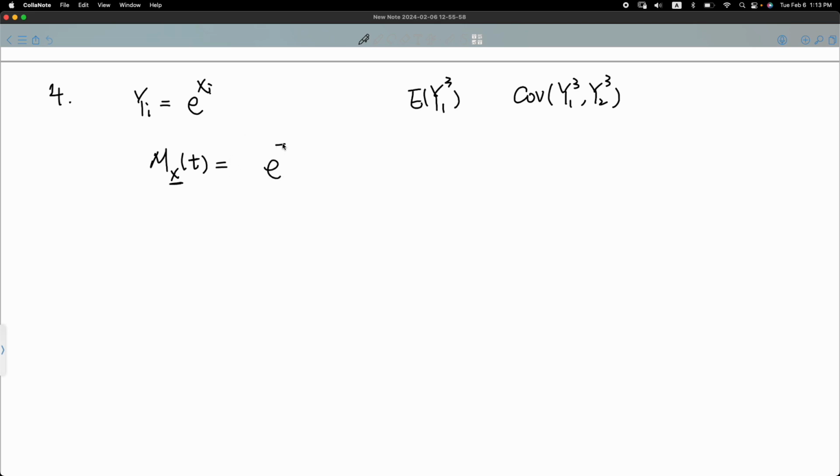Here, just use the definition: t transpose multiplied by a column vector of mu plus 1/2 t transpose sigma t. Here, just write x as a column vector 2 by 1, x1, x2, follow a bivariate normal mu 2 by 1, sigma 2 by 2.